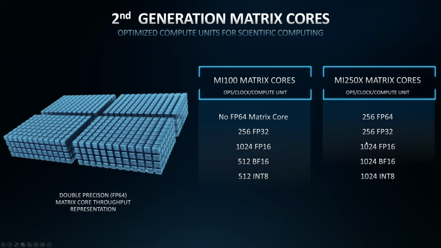So MI200 really tried to target HPC on that front: double precision becomes way faster for matrix operations. Another thing that really improved, targeting machine learning, was the BrainFloat 16 instruction rate. It doubled for BrainFloat 16 and it doubled for int 8. Any questions about this?